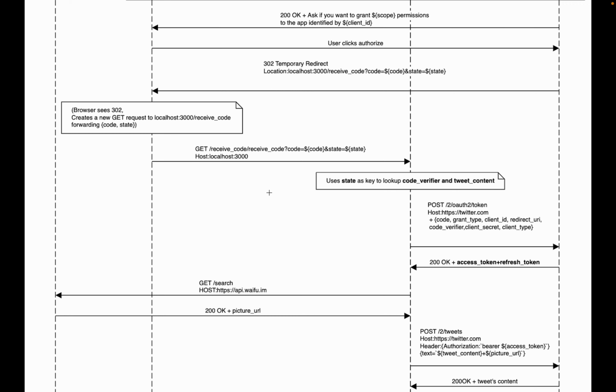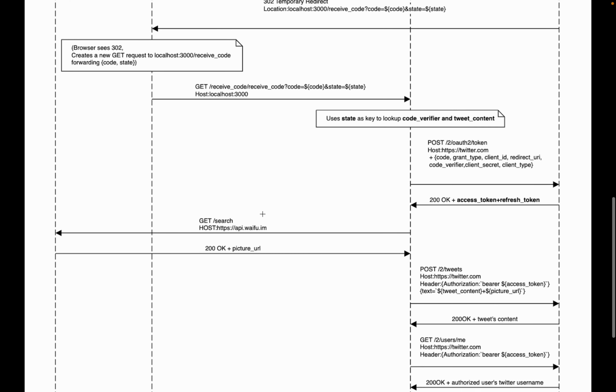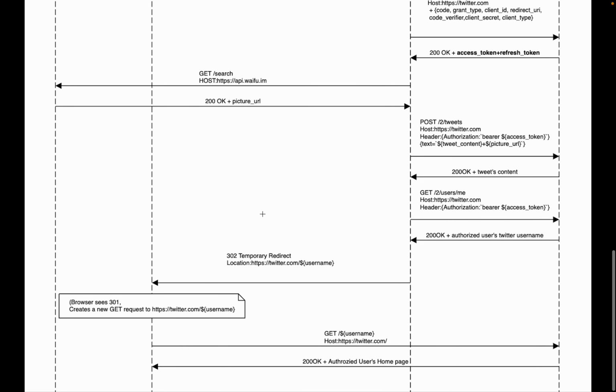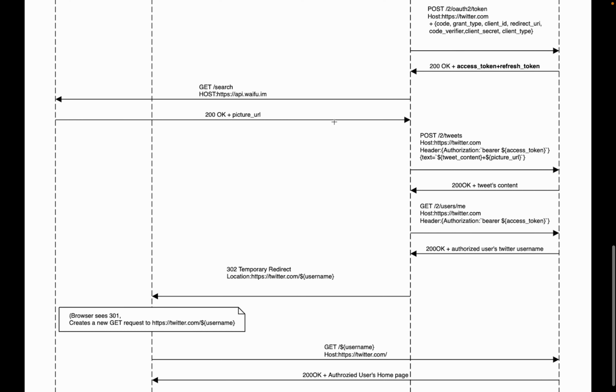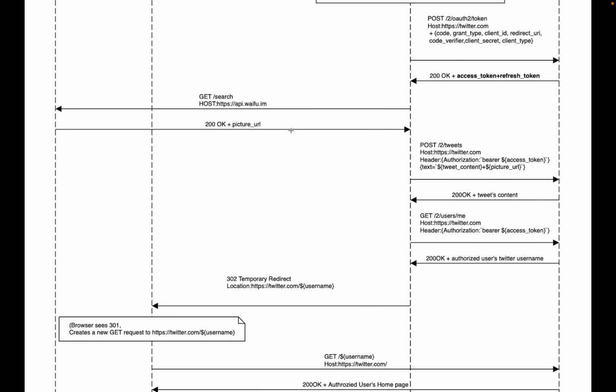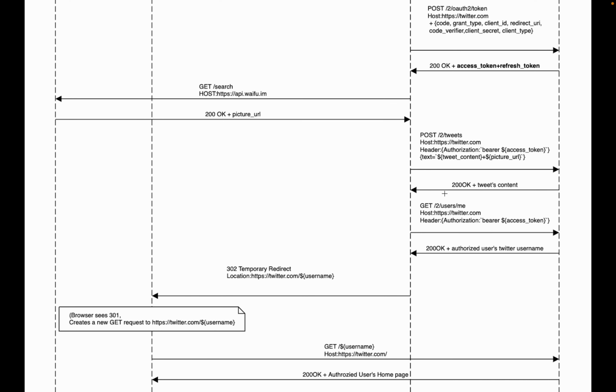So the server is going to get the code, exchange it for a token, and then make a call to the second API, and then get the username from the Twitter API. And as the server gets this information, it's going to send a tweet with the information we got from the second API and with the form we filled out.